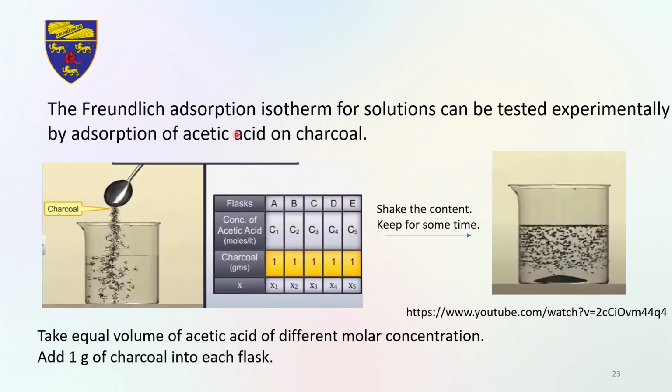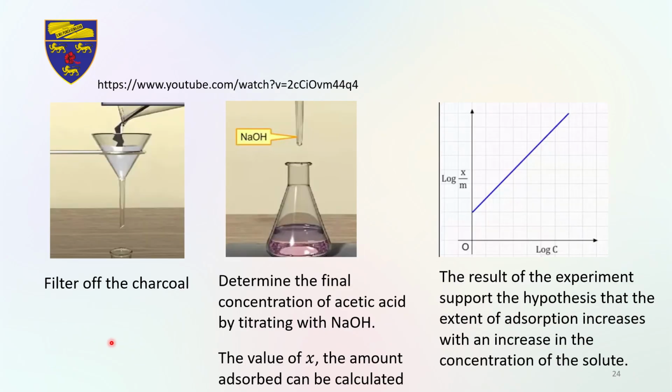The Freundlich adsorption isotherm can be tested experimentally by adding equal masses of charcoal to different concentrations of acetic acid, and then letting the mixture stir for some time. Then filter off the charcoal and collect the filtrate to determine the final concentration of acetic acid through titration.